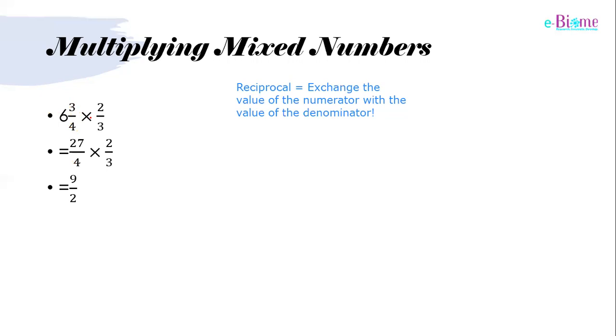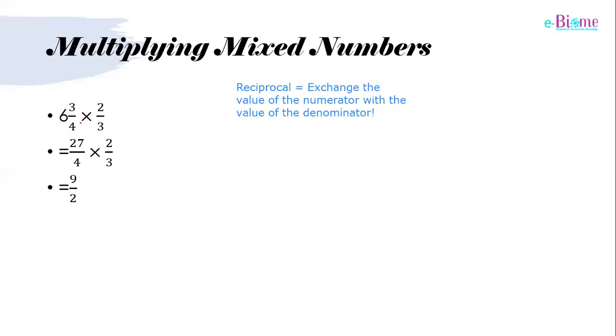So I want us to pause and just grasp that for a second. So I hope we would realize by doing these mixed numbers is that when we have 6 3/4, we're really trying to put it all together in terms of 4, in terms of the denominator.